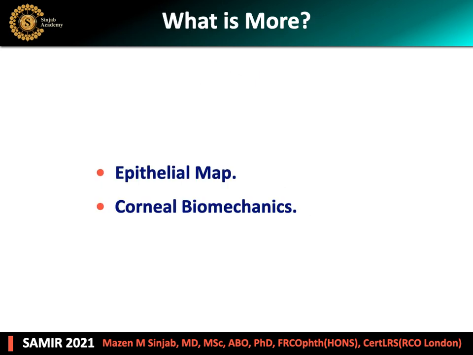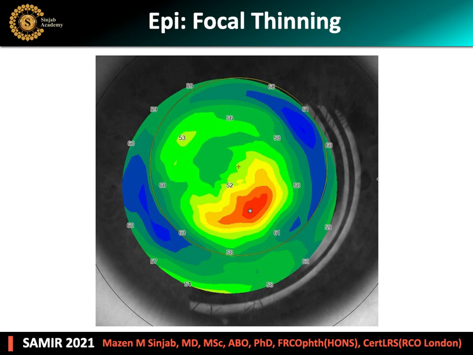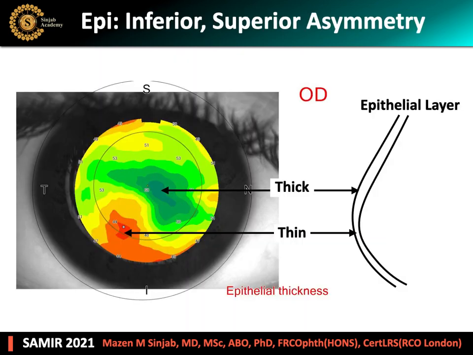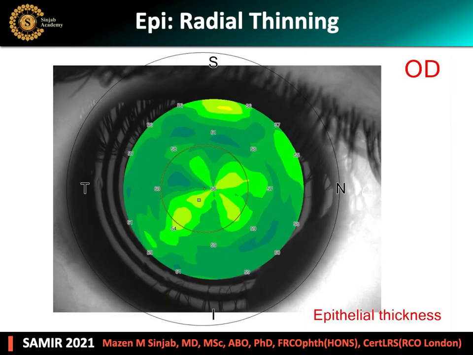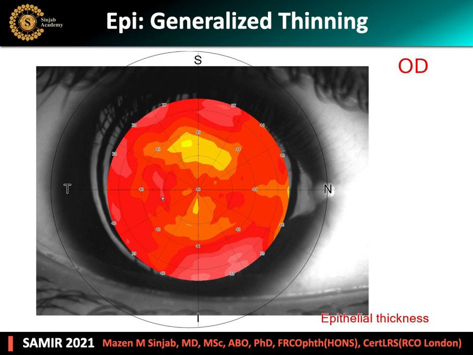What's more, epithelial mapping and corneal biomechanics. We know that the epithelial map can describe progression in terms of focal thinning, inferior-superior asymmetry, radial thinning, and generalized thinning.